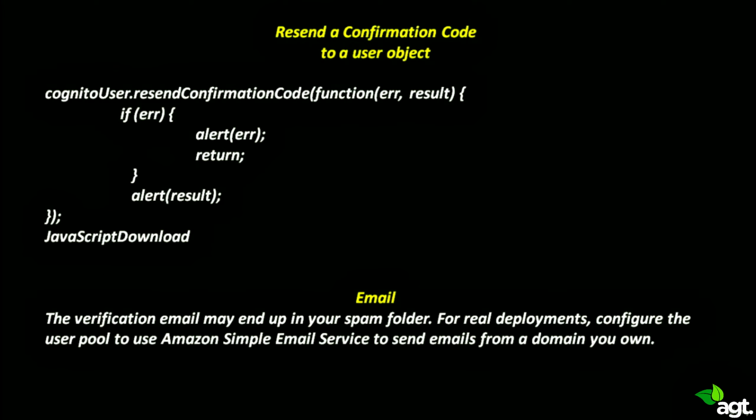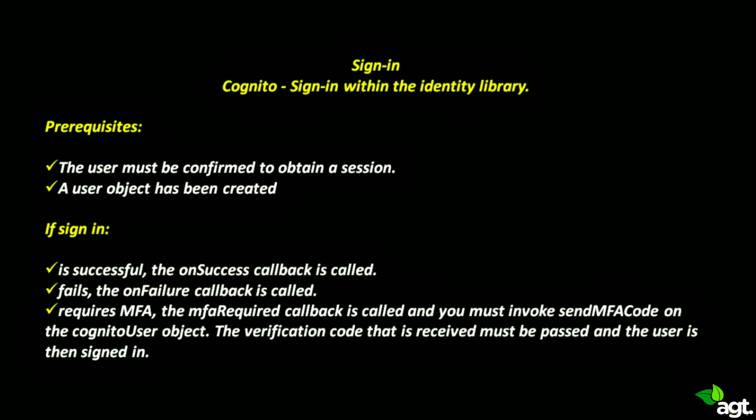And the verification email may end up in your spam folder sometimes. So for real deployments, configure the user pool to use the Amazon Simple Email Service to send emails from a domain you own. Now the sign in process, Cognito sign in within the identity library. The prerequisite means the user must be confirmed to obtain a session, and a user object has been created.